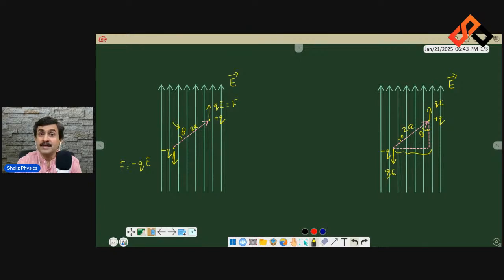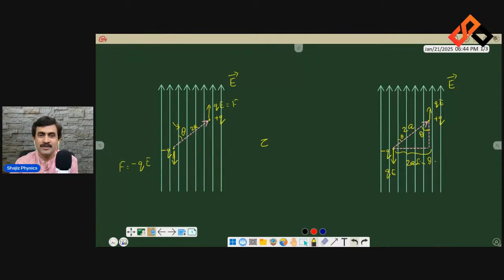Now, by the principles of trigonometry, we arrive at this perpendicular length being 2a sine theta. Okay. Now, what about the torque acting here? See that there are two forces, equal, opposite, but non-collinear. So these two forces will constitute a couple which will try to rotate the dipole.